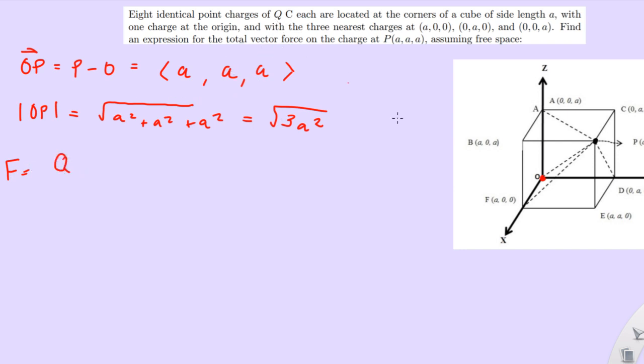Q2 is also Q, because all 8 charges are of charge Q. So it's just going to be Q squared over 4 pi epsilon. We always have 4 pi epsilon. What is R? Our R is the same as this OP magnitude right here, because that's really just the distance of this vector. So we can just use square root of 3A squared, and that'll be squared.